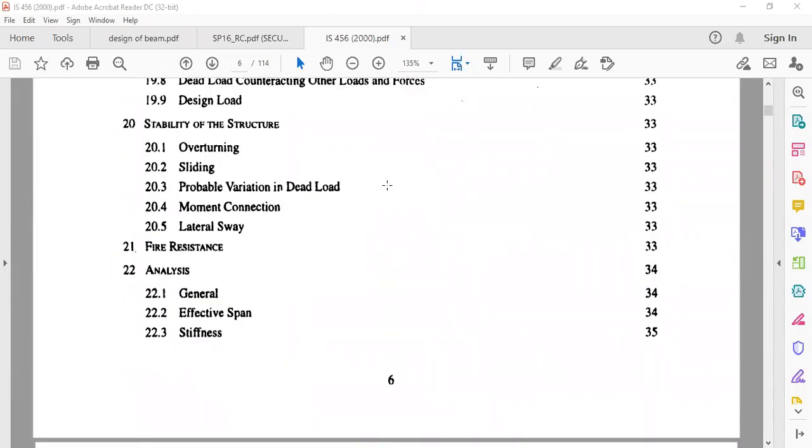Then stability of the structure in consideration of overturning, sliding, probable variation, moment connection, lateral sway. Then the analysis part is also included.